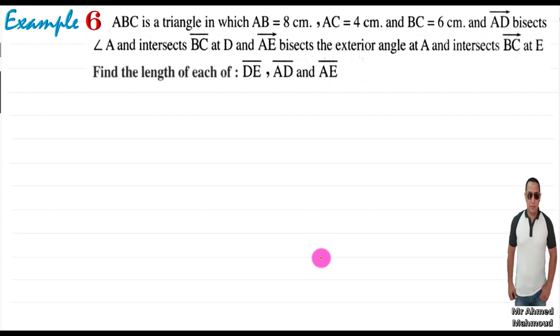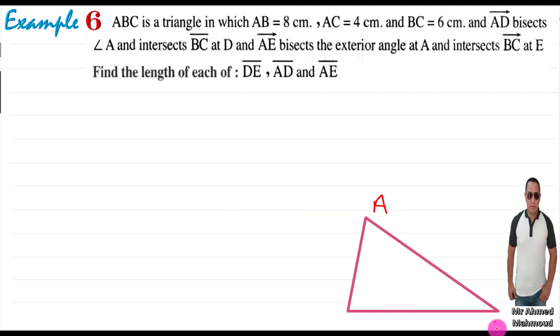Triangle ABC, AB equals 8, AC equals 4, BC equals 6. First, I'm going to draw the triangle and call it ABC, where AB equals 8, AC equals 4, and BC equals 6.